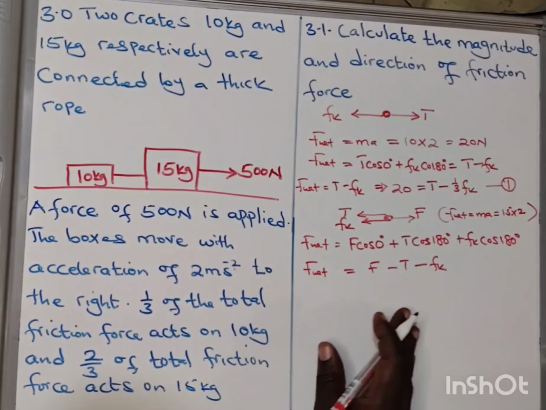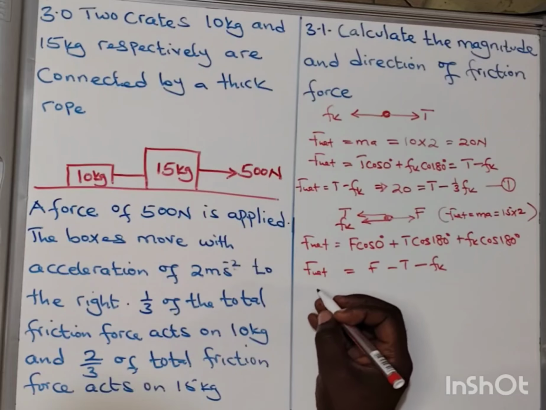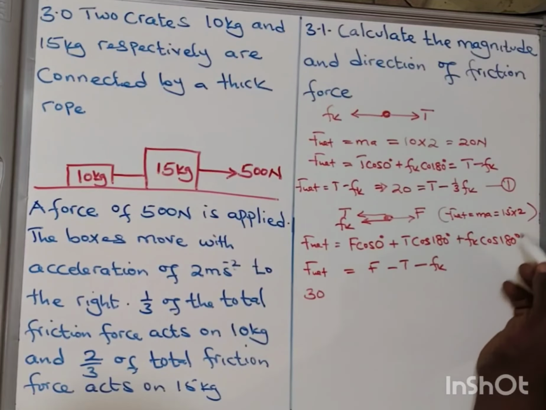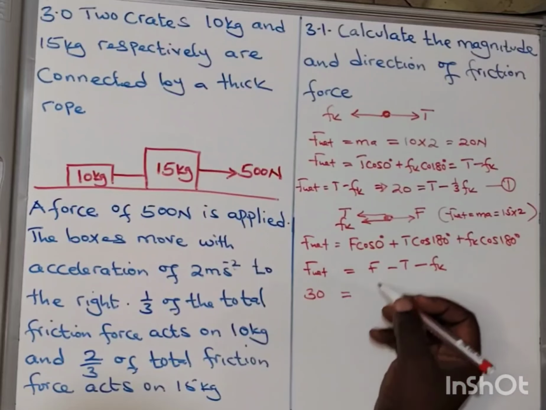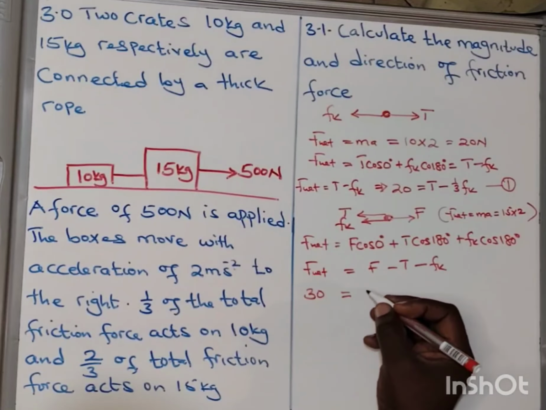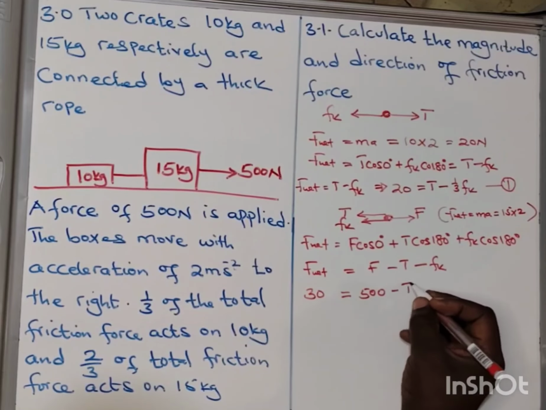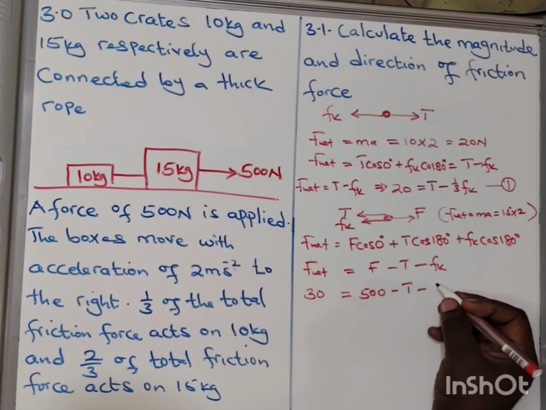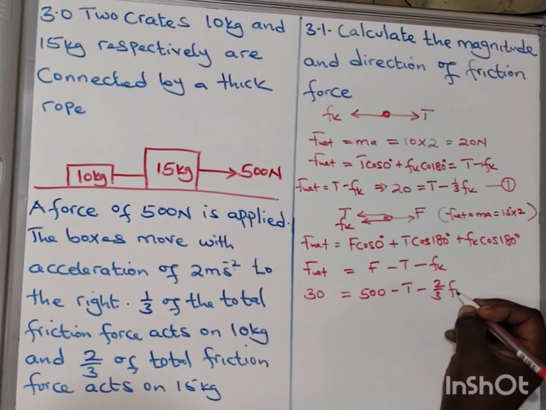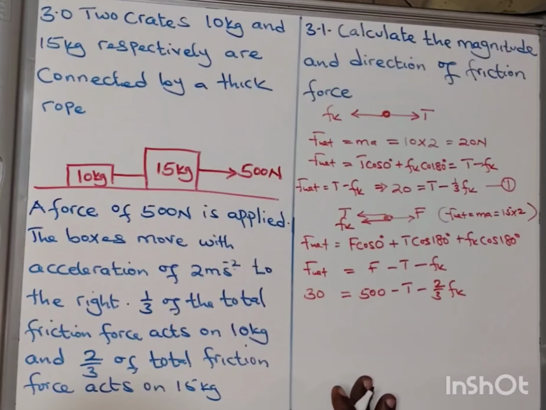Okay, that's substituting with what we have. We know F net is 30 from there, and the applied force is 500. T we don't know, but we know that this one is 2/3 of Fk.